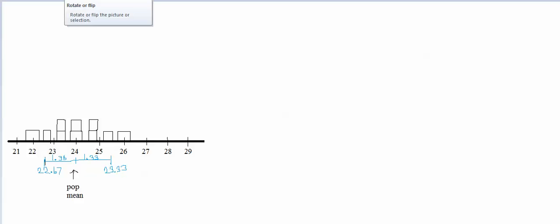Now what about the 60% margin of error? Well, first I'll mark off the fact that this is the middle 80%. Let me think of the best way to do this.